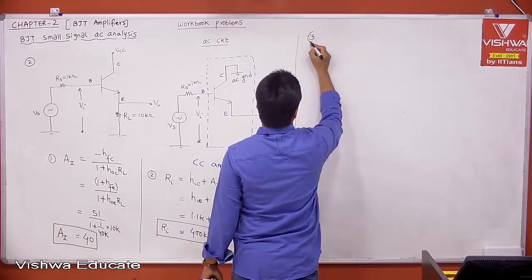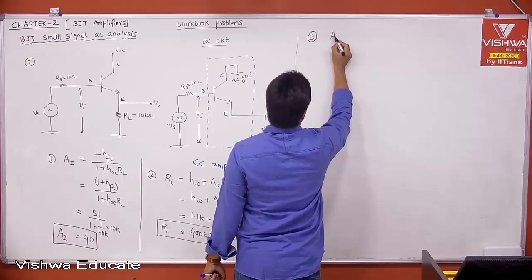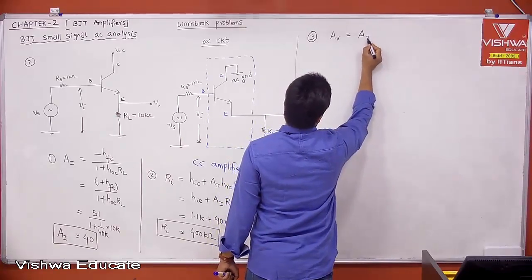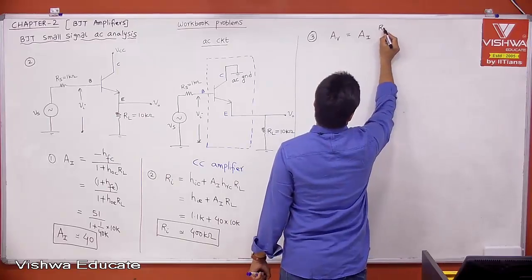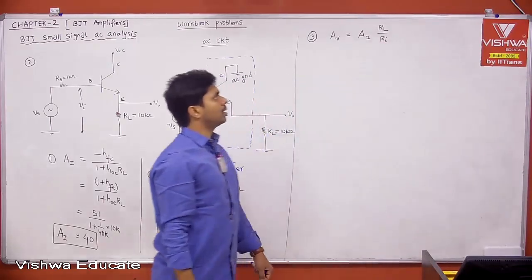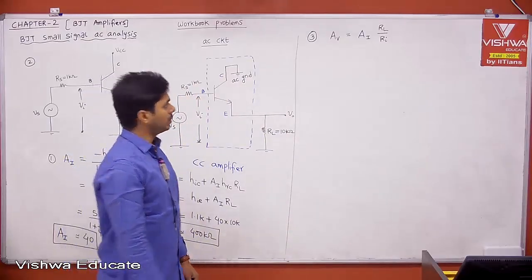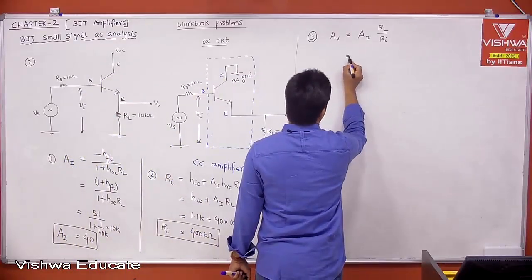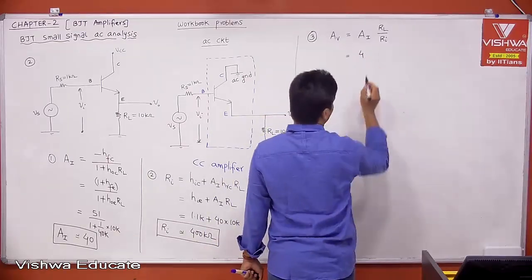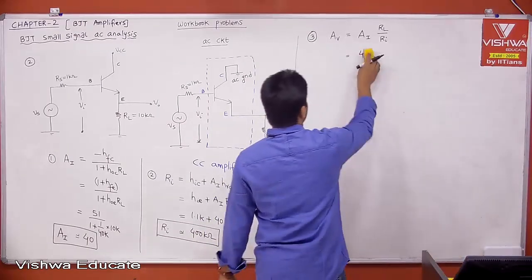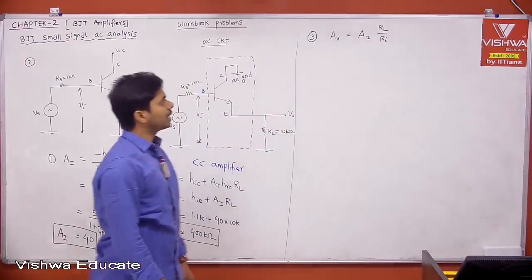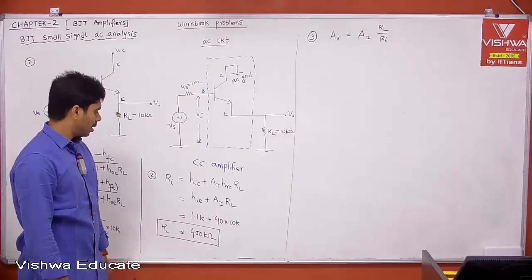The third one, voltage gain. What is the voltage gain formula? AV is AI into RL divided by Ri. Then what is current gain? 40. You can substitute, and you'll get it, but without substitution you'll get a derived formula.